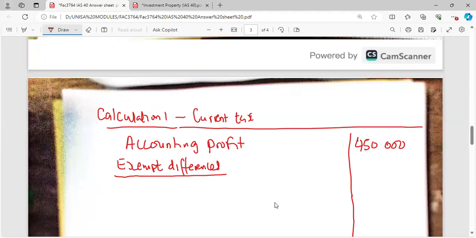Which means here there is 100% of fair value in this 450. But for SARS, they say they only need 80%. So that 20% we are going to take out from here. The 20% of the fair value adjustment, we are going to take out from here. So we are going to have a fair value adjustment.